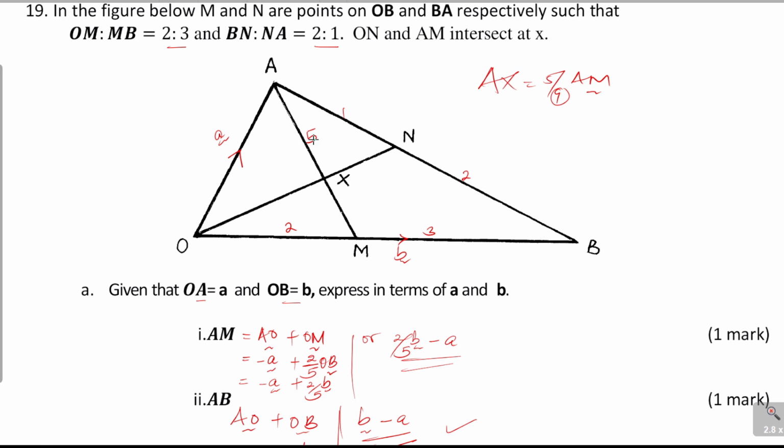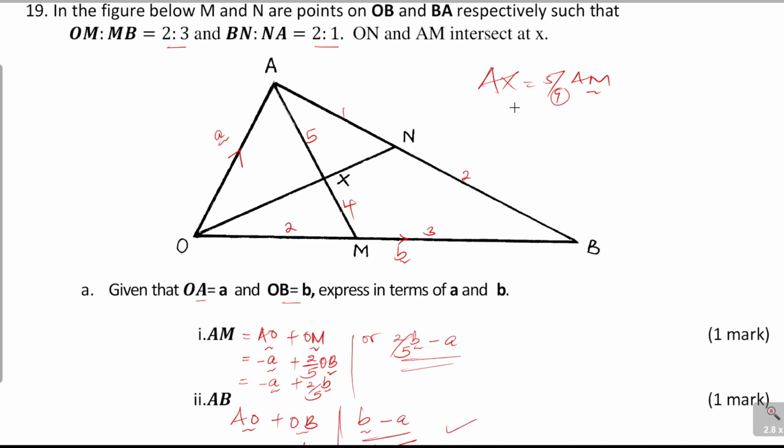So if this is 5, what is remaining to make 9? This will be 4. So ax will be 5 divided by the total ratio of that line from a to m, that is 5 plus 4, 9 am.